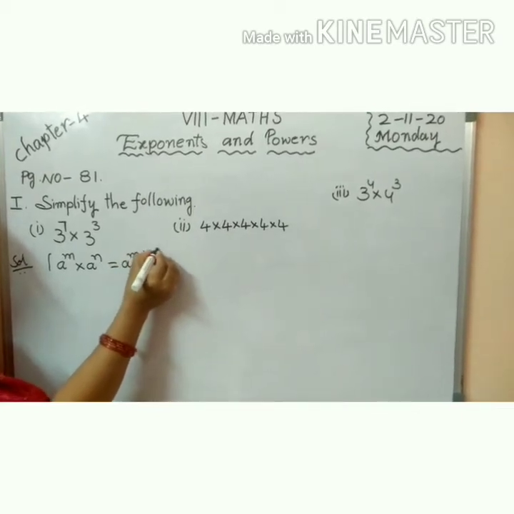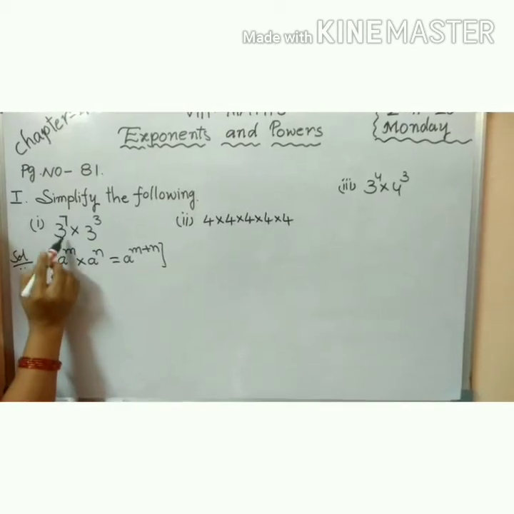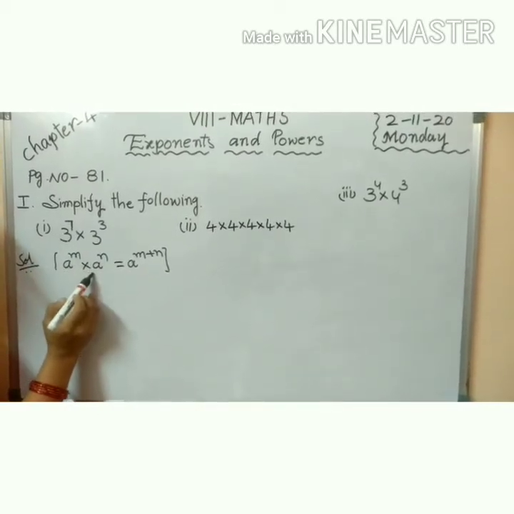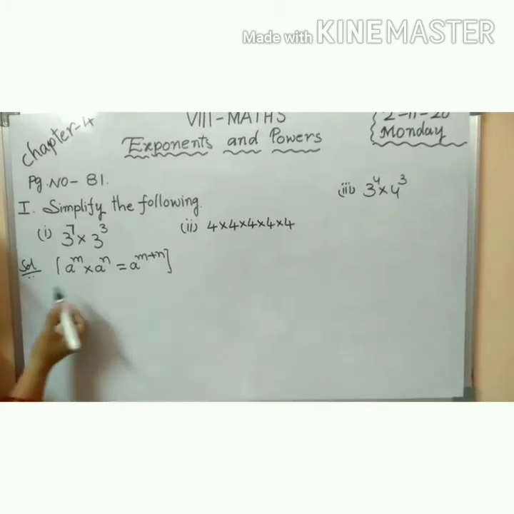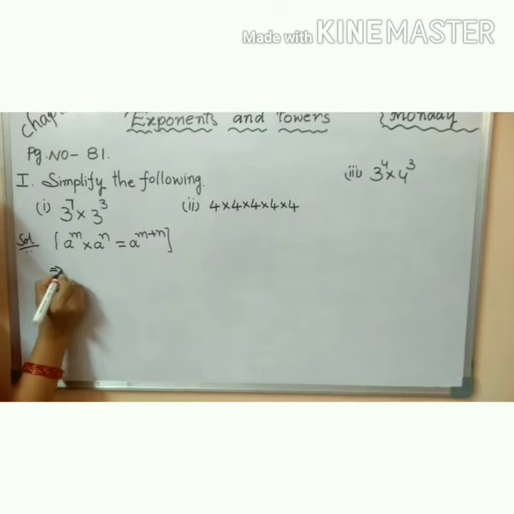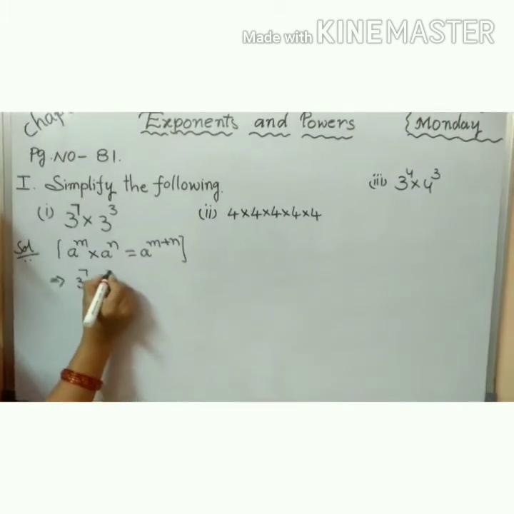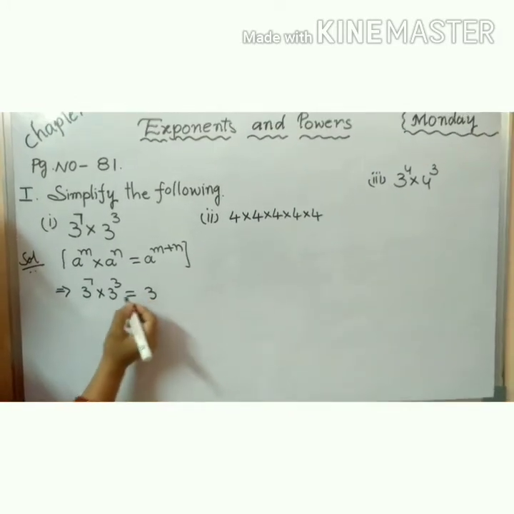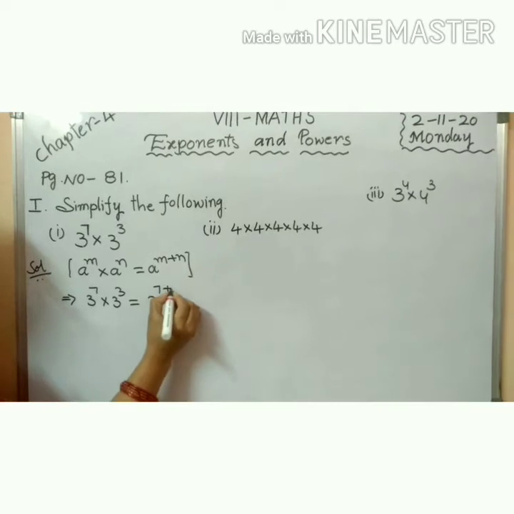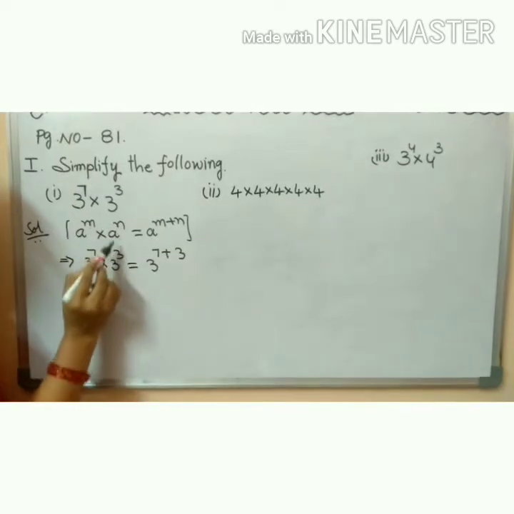So 3 power 7 into 3 power 3 is equal to 3 power 7 plus 3. Here m equals 7 and n equals 3.